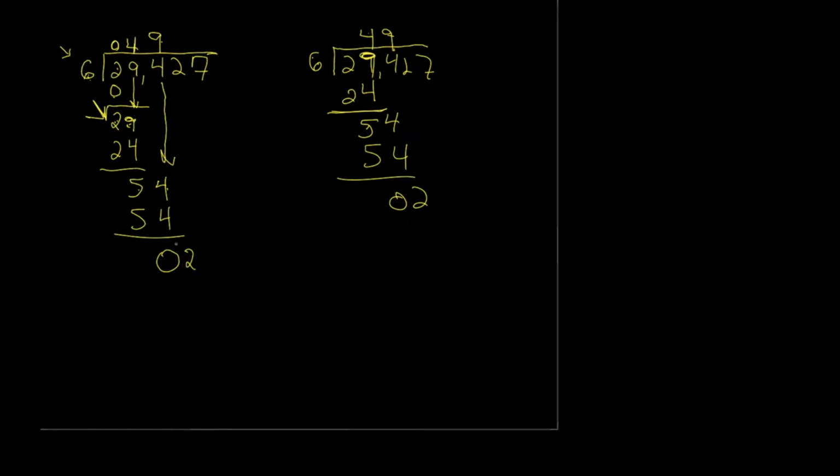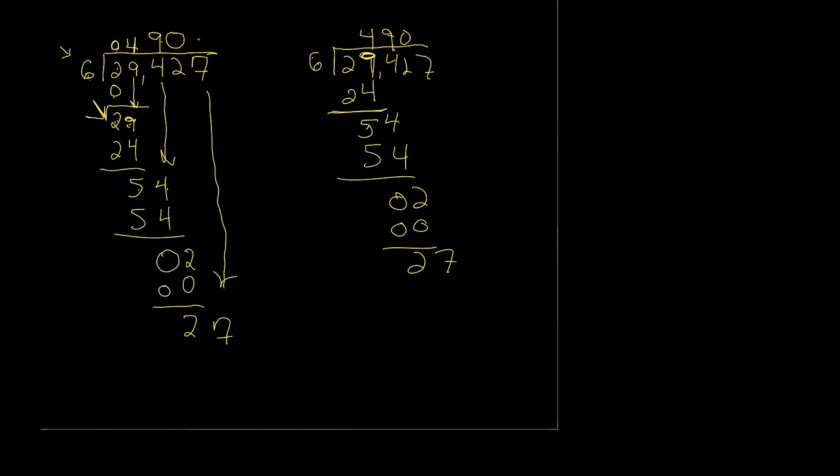6 goes into 2 0 times. 0 times 6 is 0. Subtract, bring down the next digit. And I'm going to repeat that over here. So 0, 0, 2, bring down. This is the new thing we're looking at. How many times does 6 go into 27?